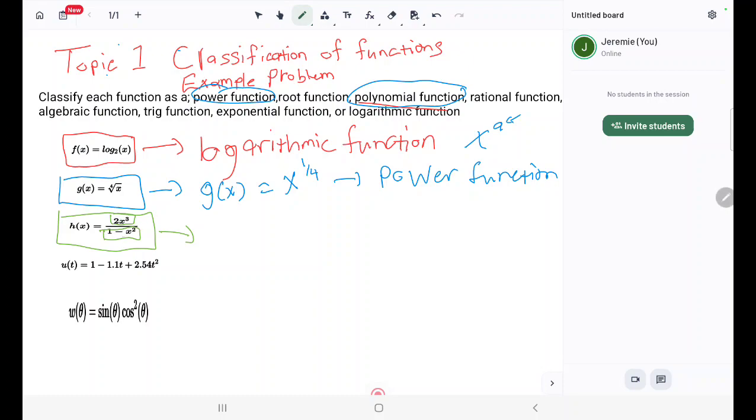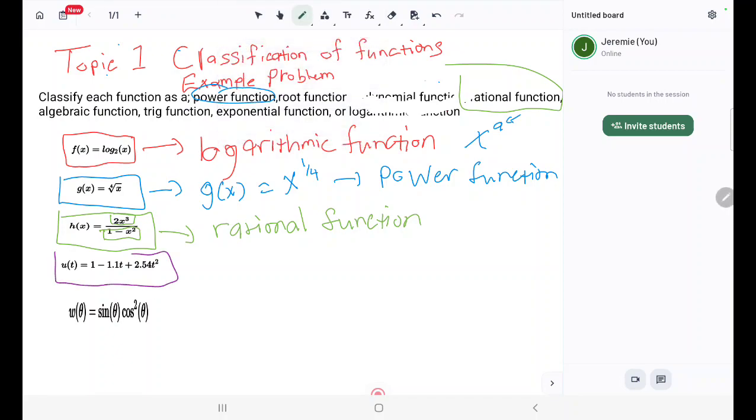So we're dividing a polynomial by another polynomial, and when you have a polynomial divided by a polynomial, that is called a rational function. So this is just a rational function. And we'll see later why being able to classify functions is helpful, because classification of functions helps us to determine how to solve problems involving these functions.